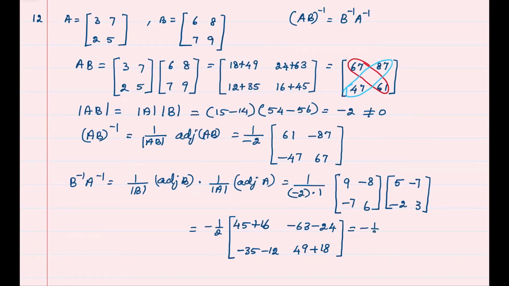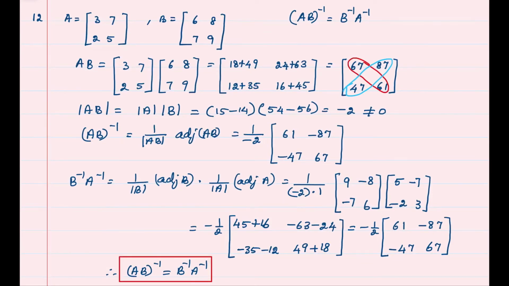We get minus half into 61 minus 87 minus 47 and 67. And LHS and RHS are equal. Therefore, AB the whole inverse is B inverse into A inverse. This is an important property of inverses.